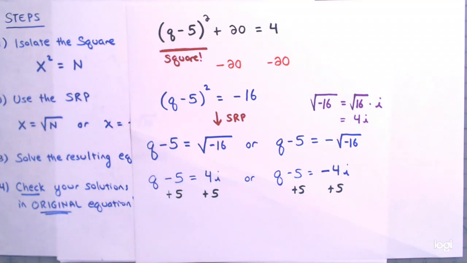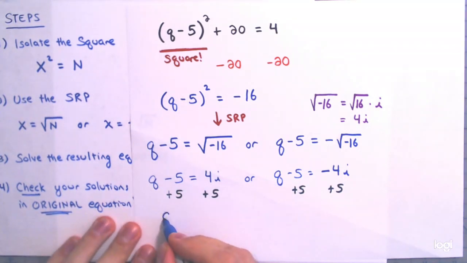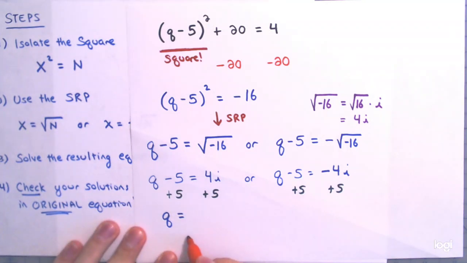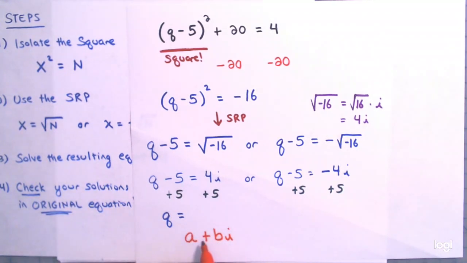All right, so on the left equation, I have q on the left equals, now you can put 4i plus 5, but very often, when you're writing out solutions that have an imaginary part, if you recall a video earlier on complex numbers that I put up, remember that a plus bi, where a and b are real, you have a real number plus a pure imaginary. This was called the standard form for a complex number.